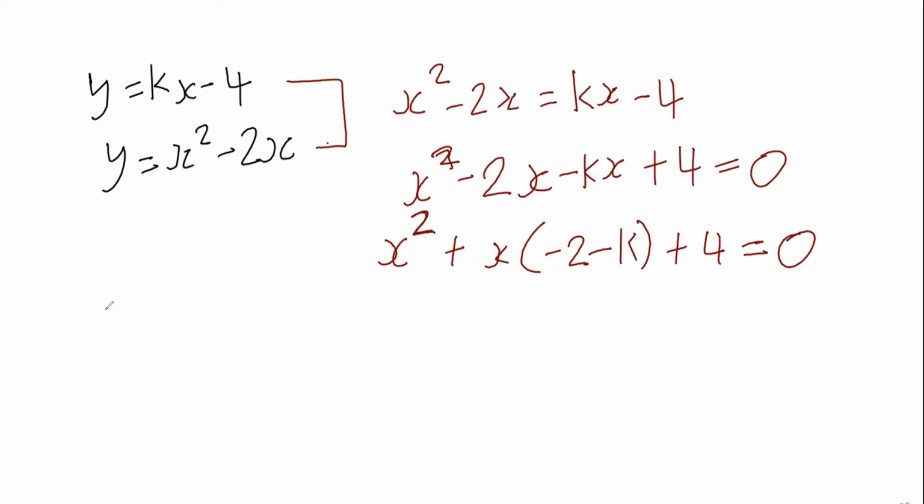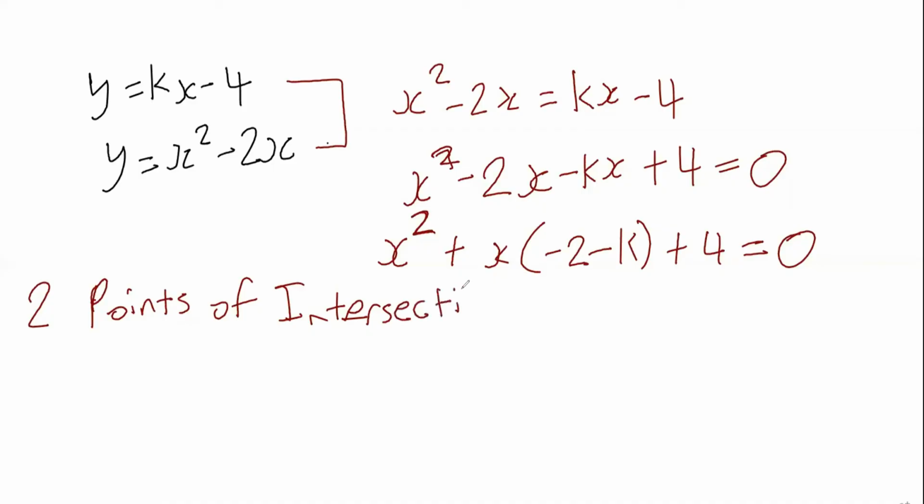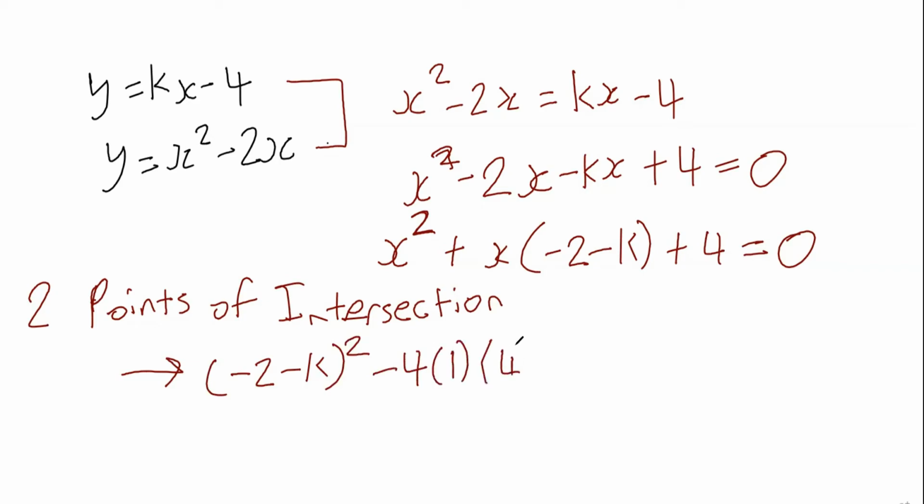Now, if there are 2 points of intersection, what that is telling you is that the discriminant is greater than 0. So that implies (minus 2 minus k) squared minus 4ac, where a is 1 and c is 4, must be greater than 0.